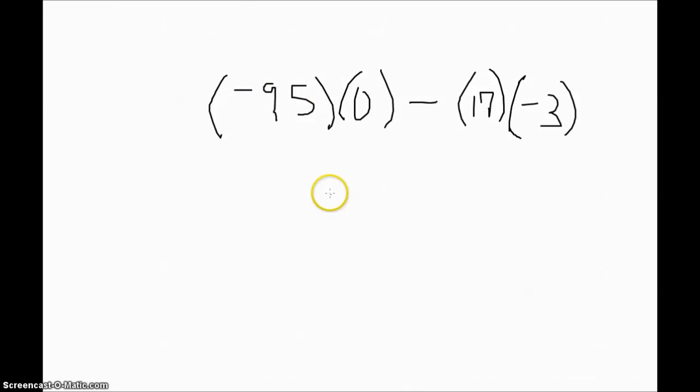Anything times 0 is 0, minus 17 times negative 3, which is negative 51. So 0 minus negative 51 is going to be positive 51.